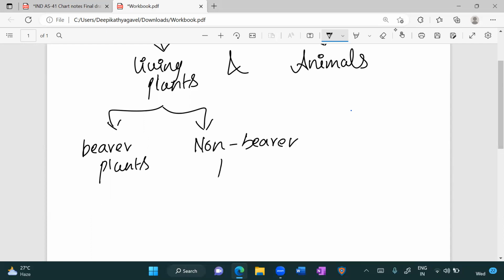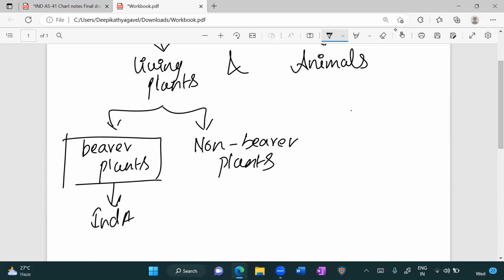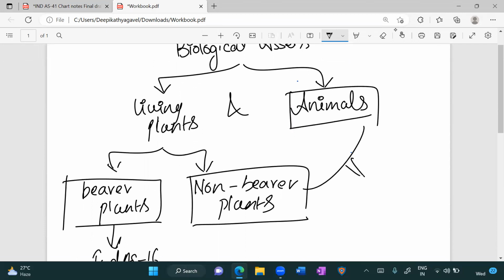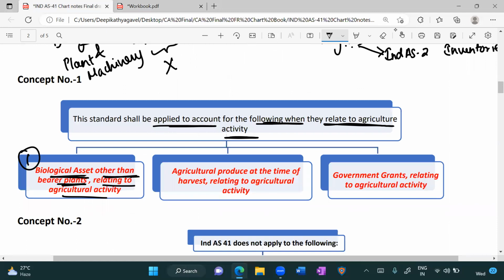As you have already covered in IND AS 16, you know that bearer plants are treated under IND AS 16. So, IND AS 41, when I say biological asset, applies only to non-bearer plants and animals. I hope that is very clear. So if any biological asset other than bearer plants is being used in agricultural activity, then which standard will apply for them? For them, IND AS 41 will apply.